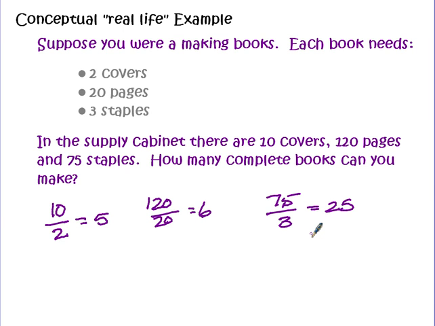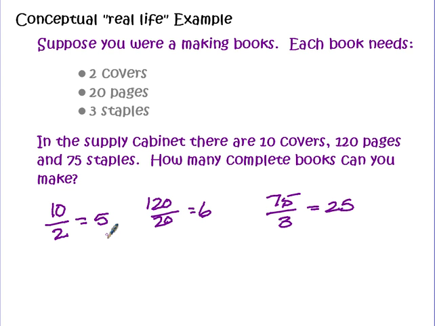Now, how many complete books can I actually make? 25, 6, or 5? Oh, I'll only be able to make 5 because I only have enough covers to make 5. So even though I have enough of the pages to make 6 books or enough staples to make 25 books, book production will stop when I hit 5.